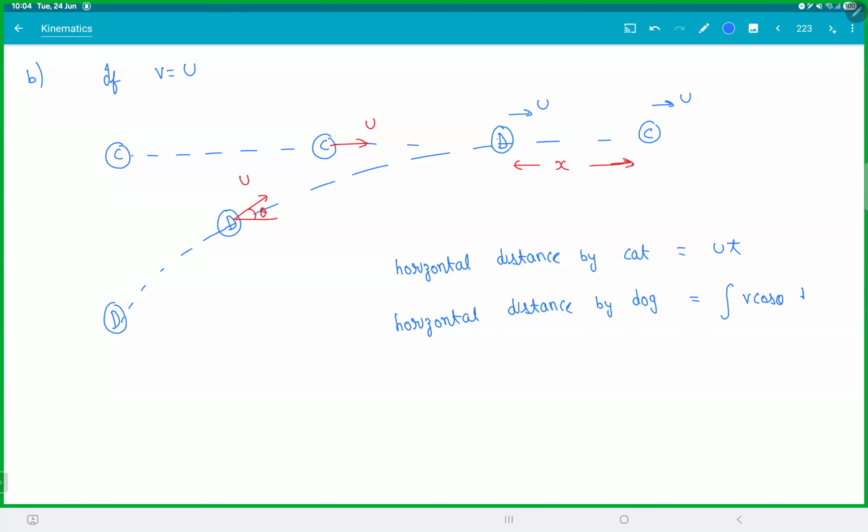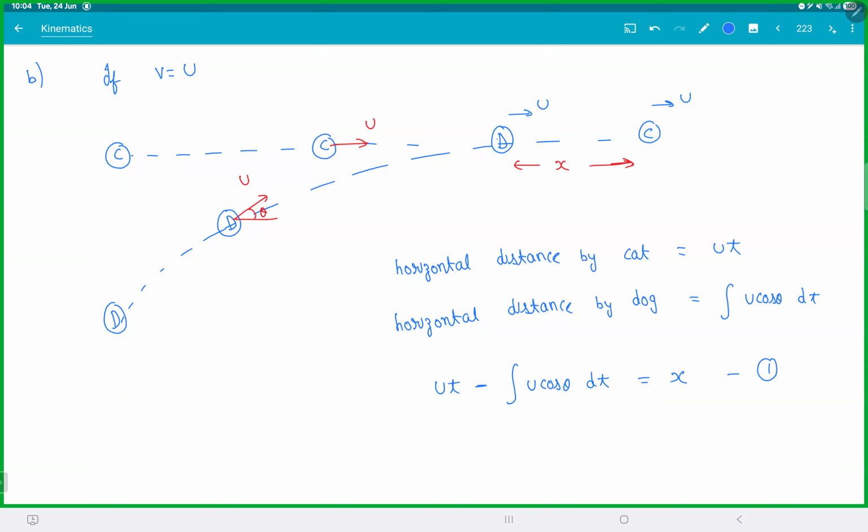Till here, the story is the same. But the difference is the cat is traveling more: ut minus integral, this is also u cos theta only, integral u cos theta dt will be equal to x. This is equation 1.